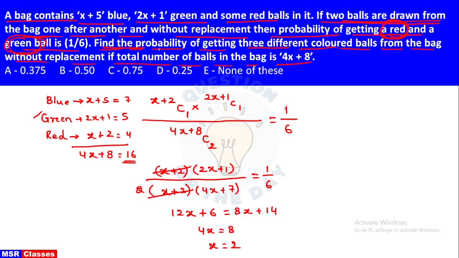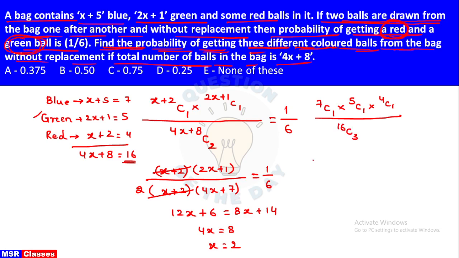Okay. Then find the probability of getting three different colored balls from the bag without replacement. Without replacement we need to find, which means blue balls 7 C 1, green balls 5 C 1, red balls 4 C 1, out of total 16 C 3.